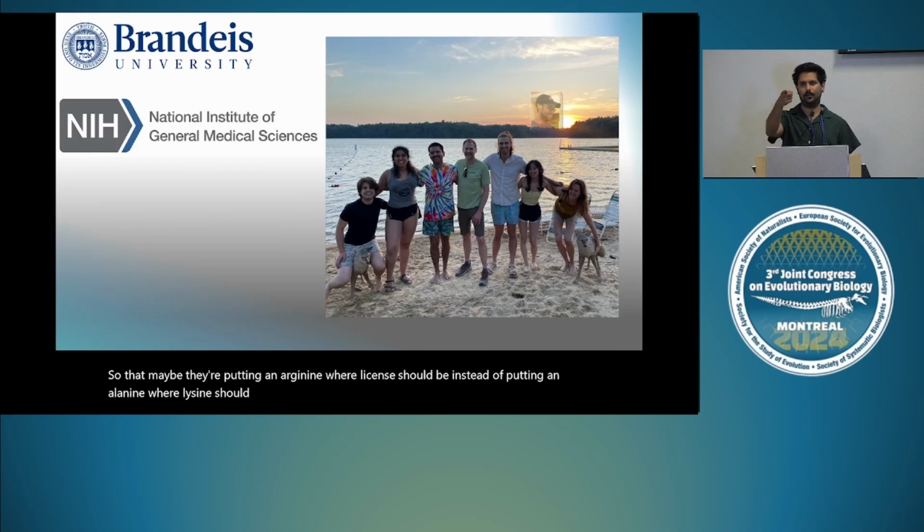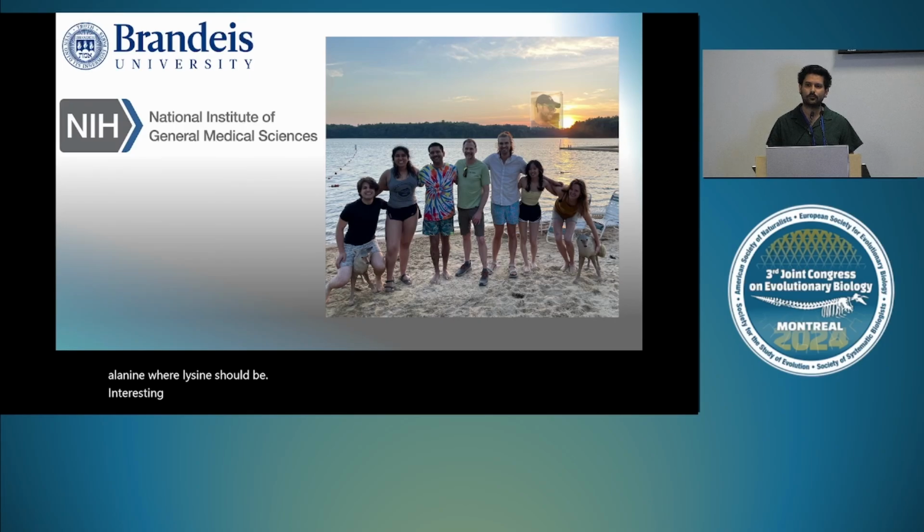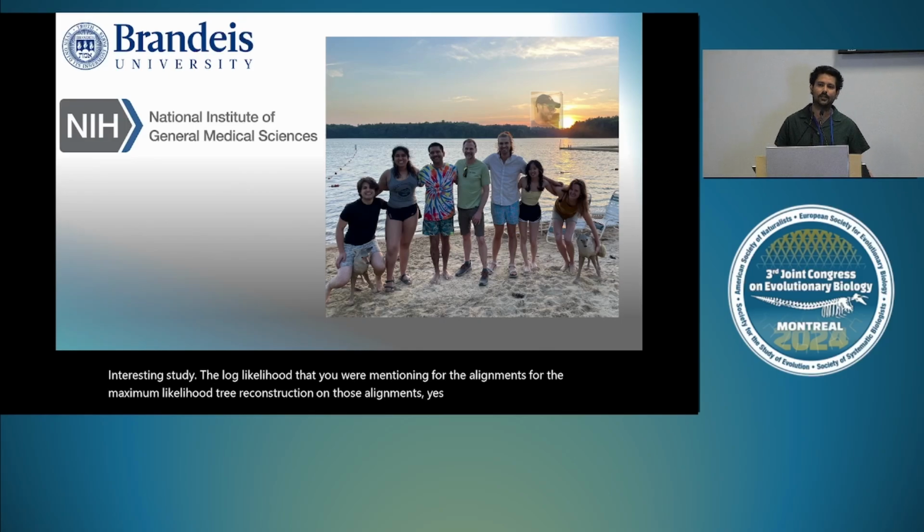Nice, interesting study. The log likelihoods that you were mentioning for the alignments, are those for the maximum likelihood tree reconstructions on those alignments? Yes. So the way we do ASR is we run ASR first, and so we get a model log likelihood for those trees. And so those are the model log likelihoods that we're showing. So isn't that the proxy for alignment length?